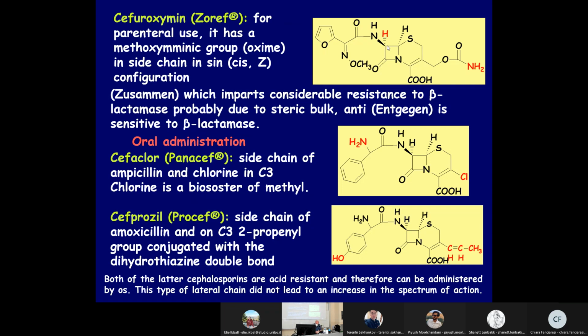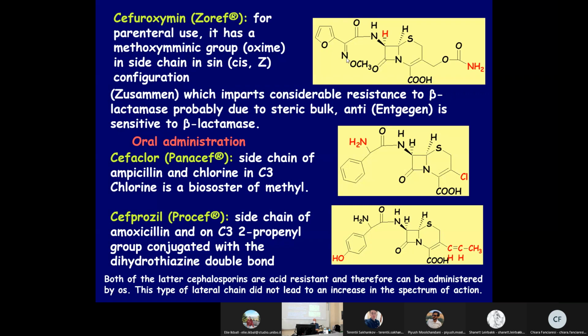But the methoxy group was effective in this position, but the scientists changed the position of the methoxy group from the carbon 7 to the amino group in the side chain to give an oxime. The bond between a nitrogen atom and oxygen is called oxime, methoxyimino group.